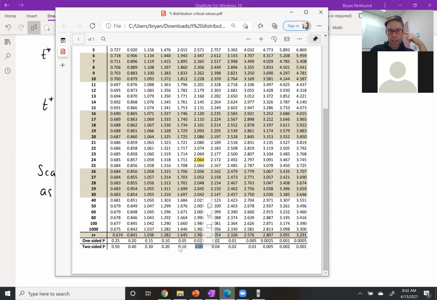But if you came back with a probability somewhere in between these two, like 8%, that would be fine. I would be okay with that. We just can't overstep and go all the way to 5%. So what we typically do in our stats course is take a little bit more probability just to make sure we don't overstep our conclusion. So we're going to take the two-sided probability number of 10%.